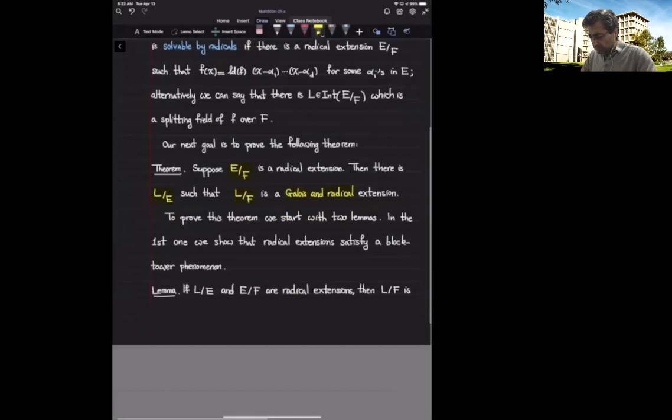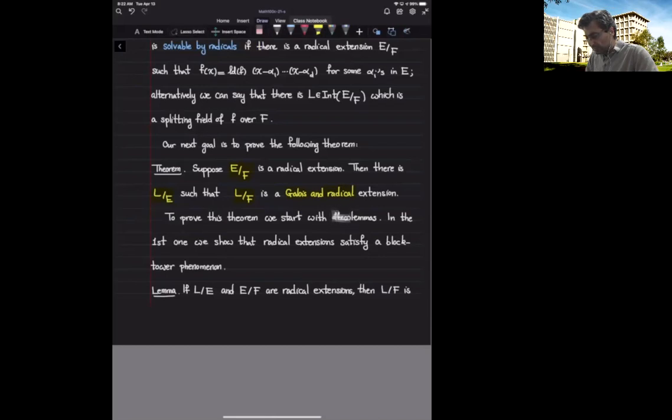That's our goal. And now we are going to do it in many steps. Actually, I've written here 2 lemmas, but then I realized that there are at least 3 of them. So we start with a few lemmas. Some of these lemmas are actually interesting on their own, and they are not just auxiliary results to prove this theorem.